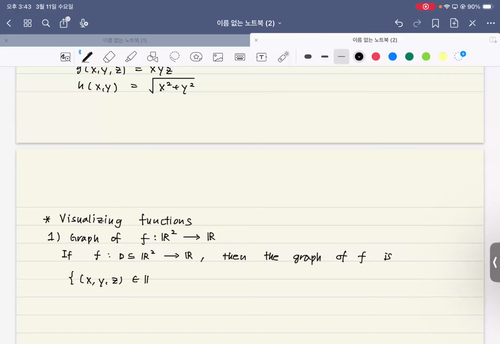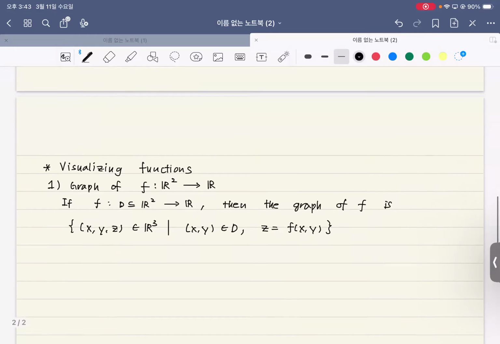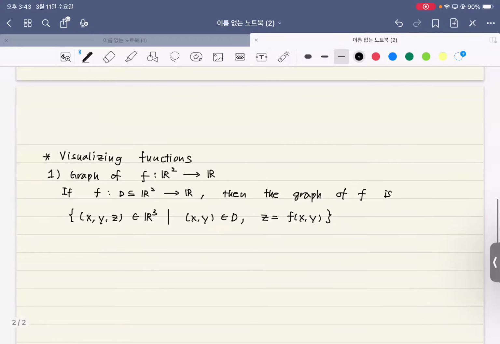The graph is a subset in 3 dimensions, where the xy coordinate is in D, and the z coordinate is f of (x, y). Okay.